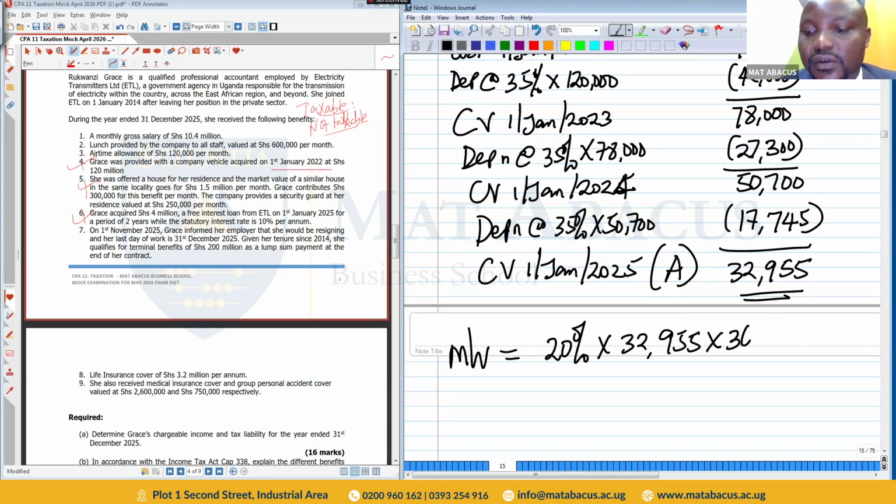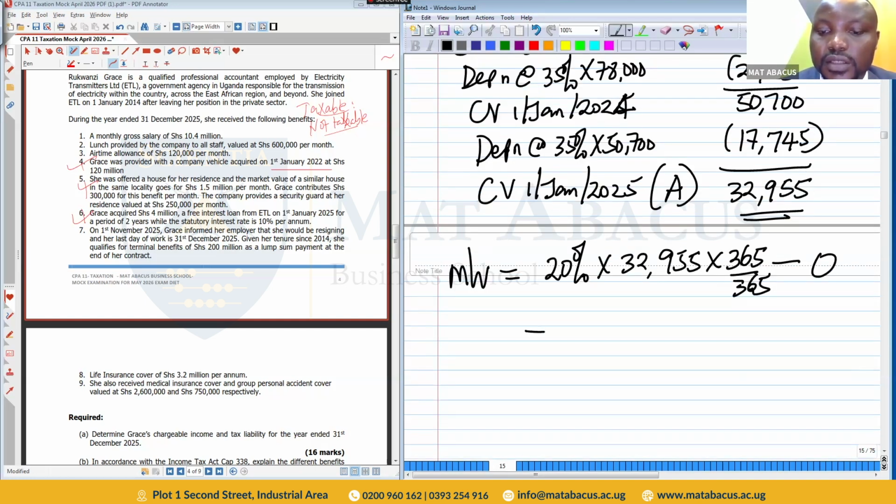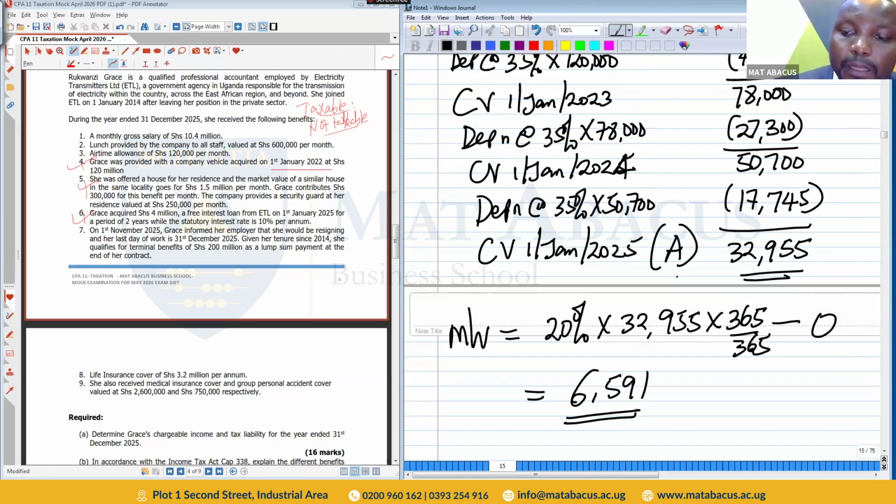Now he has used it for all the days in a year, minus D, which is the employee contribution. He is contributing 0. So then it will be this times 20%, which will be 6,591. Should be the motor vehicle benefit.